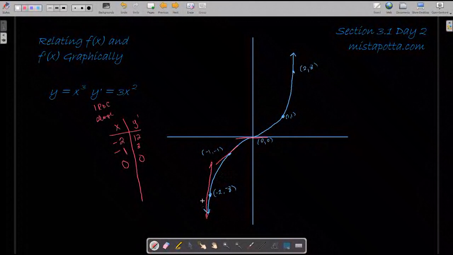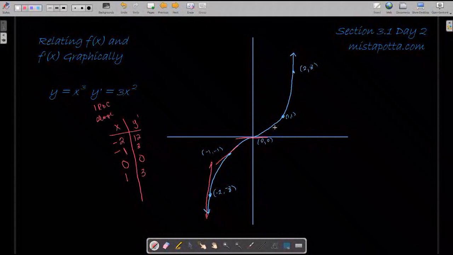The steepness of this curve is decreasing. And we can see that in our table as our slope goes from 12 to 3 to 0. And as I pass through the origin, my graph begins to become more steep. If x equals 1, I've got 3 times 1 squared, which is 3.